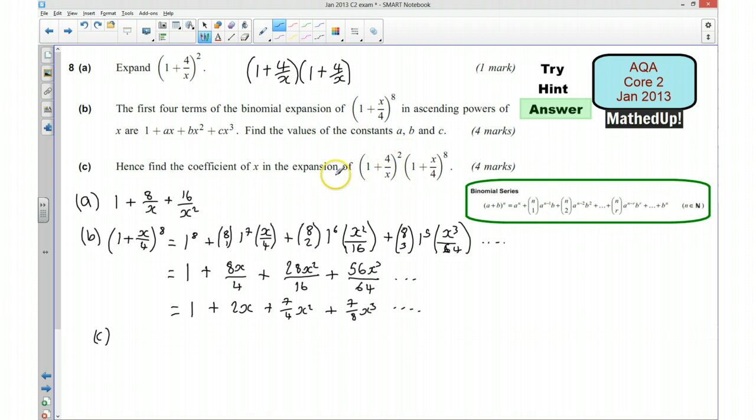Part C, we want the coefficient of x in the expansion of this here. So what I'm going to do is write this as 1 plus 8 over x plus 16 over x squared, and I'm going to times it by this here, 1 plus 2x plus 7 quarters x squared.